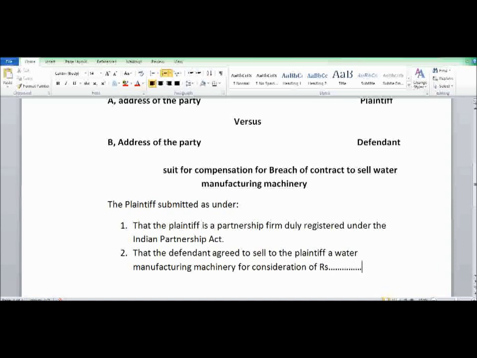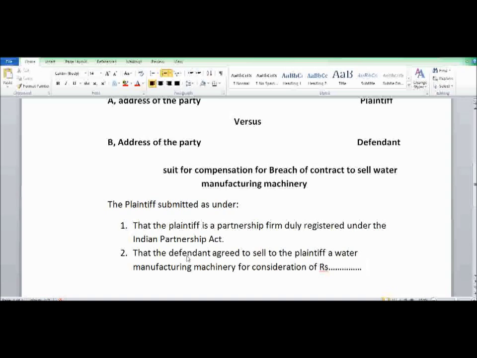After that another point will also come: that the defendant knows how important the machinery is for A, the plaintiff, and also the date on which the machinery is to be delivered.